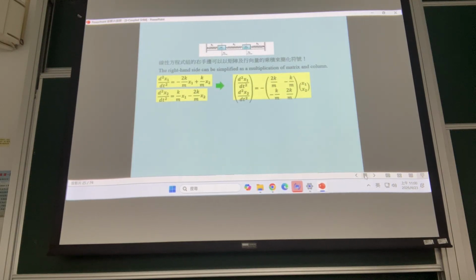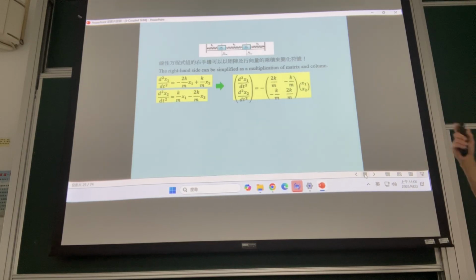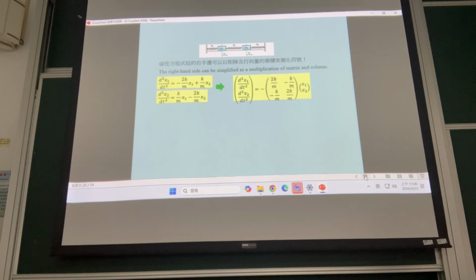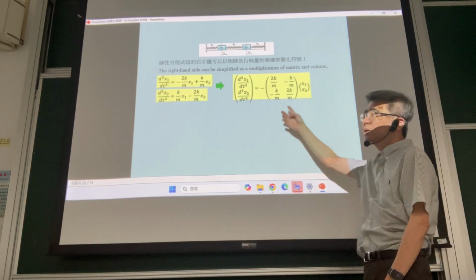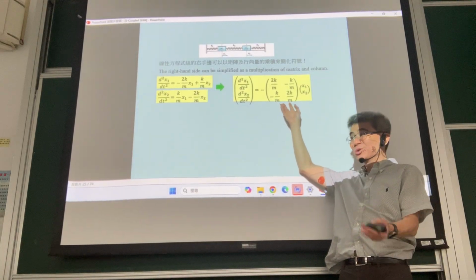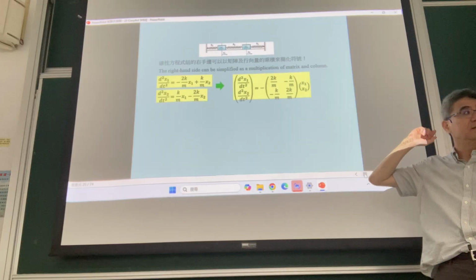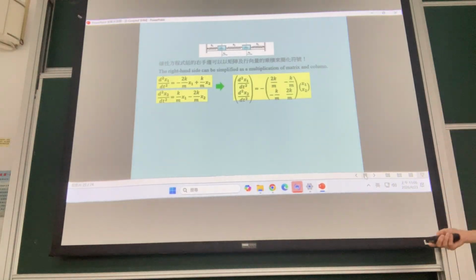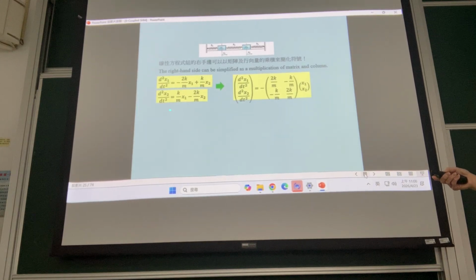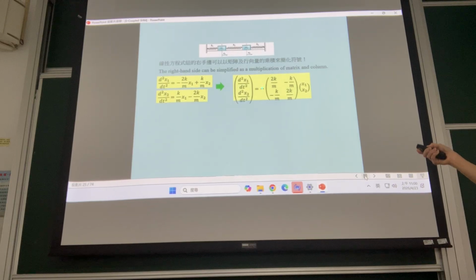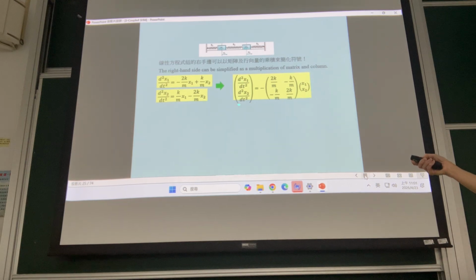So in mathematics, it is easy to write this combination in terms of matrix and column vector. In mathematics, when you encounter a system of equations, the best method is always to use a matrix to represent it. Didn't they teach this in high school? Okay, but if you don't remember, it doesn't matter, just go look at those chapters in Arfken. Anyway, let me rush through. So if I collect the left-hand side into a column vector, this kind of structure is called a column vector, with the number on the top and the other number at the bottom.